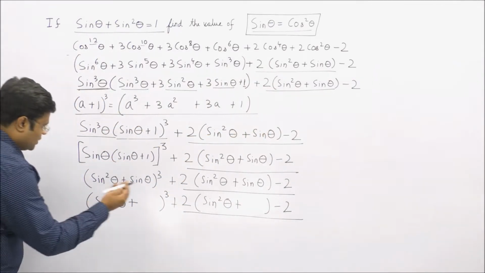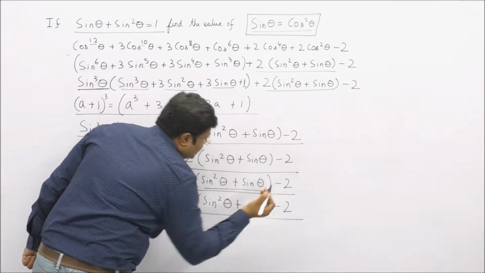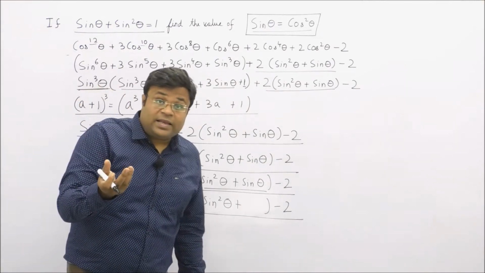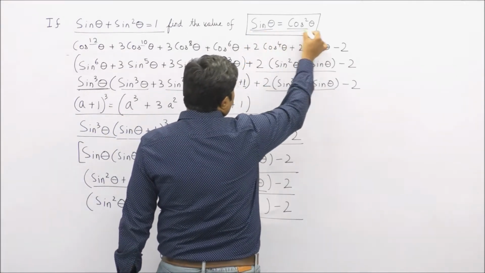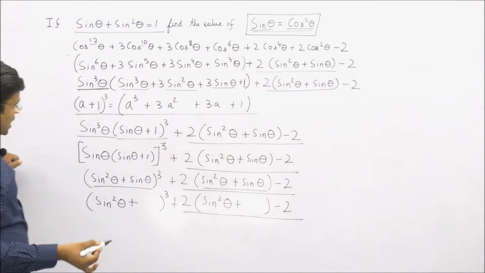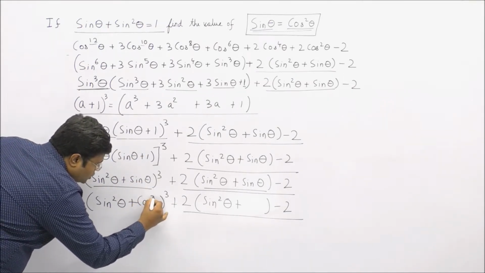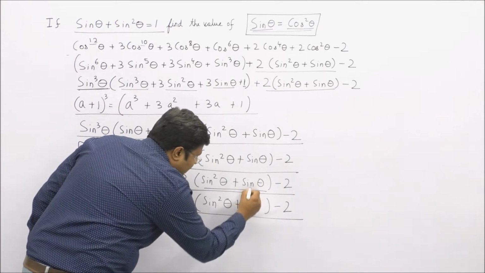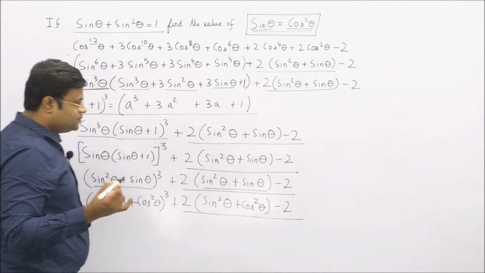Now see, you have 2 terms, sin square theta plus sin theta, and this bracket also sin square theta plus sin theta. Now see, if cos square theta can be written as sin theta, sin theta can also be written as cos square theta. So now is the time that I write sin theta as cos square theta, and here also sin theta as cos square theta.